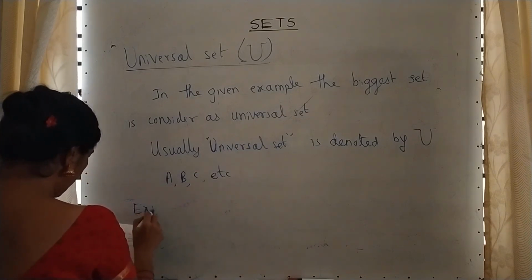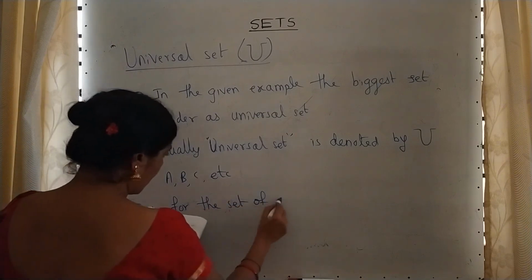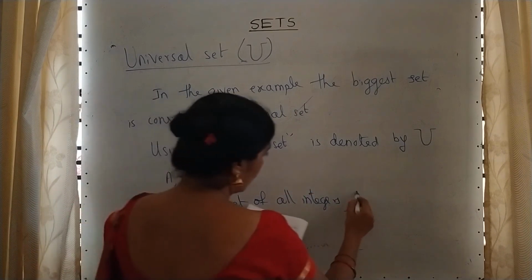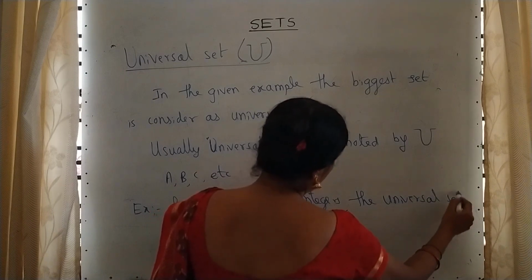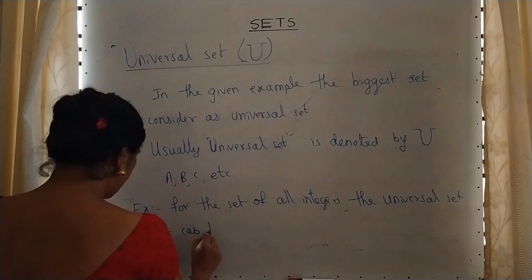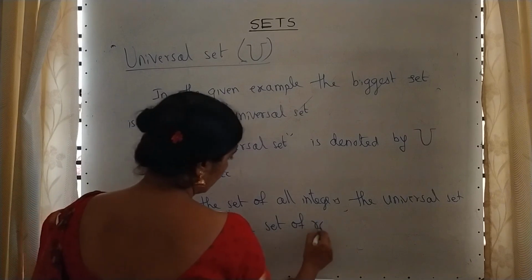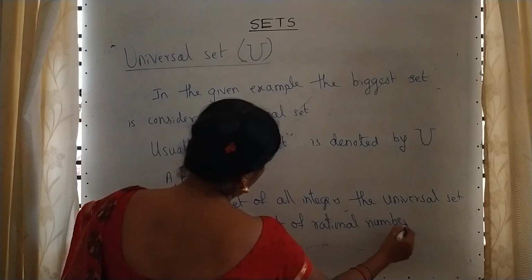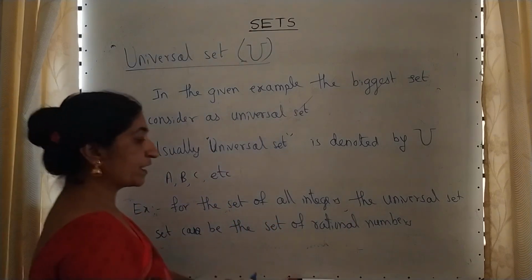For example, for the set of all integers, the universal set can be the set of rational numbers, that is the set Q, or the set of real numbers also.